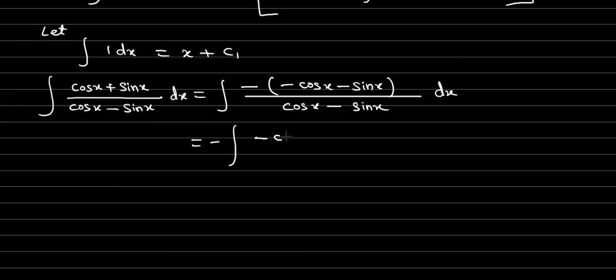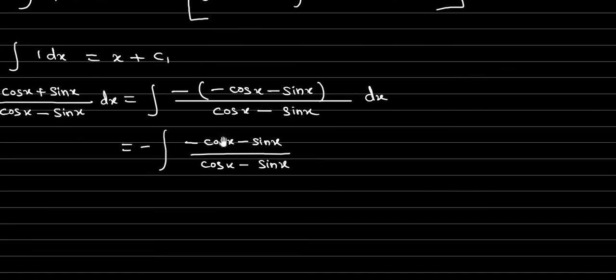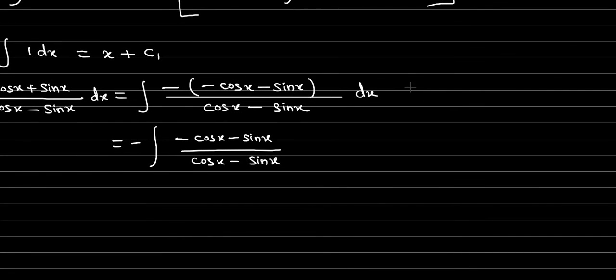So integral of minus (cos x minus sin x) by (cos x minus sin x). So the denominator's differentiation only we have in the numerator. So denominator I am going to consider as t. Otherwise directly also we can write log modulus of cos x minus sin x, but we are going to use integration by substitution.